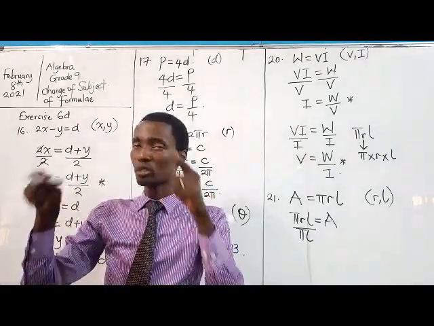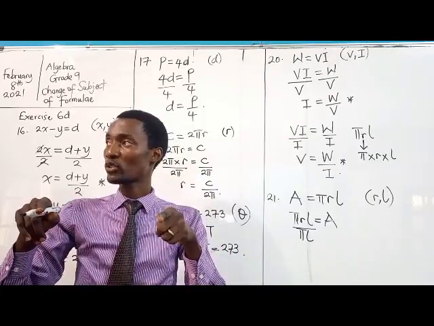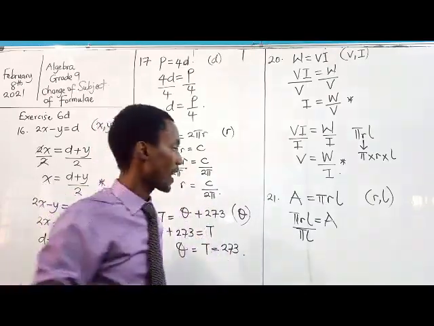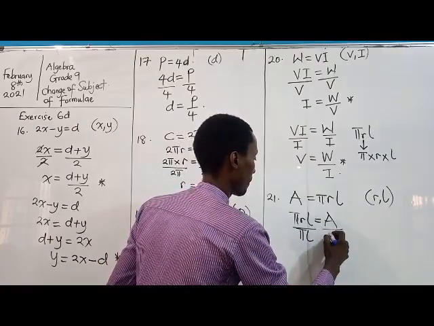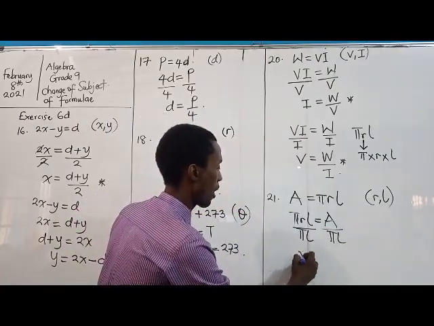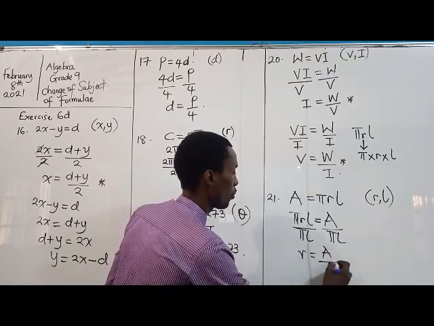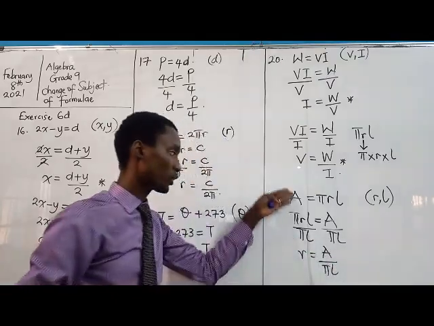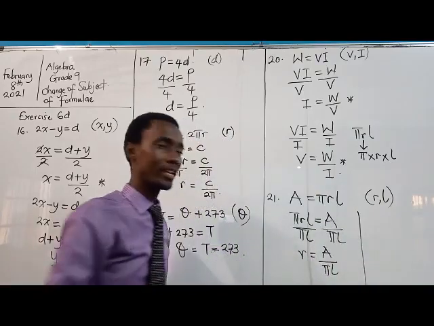That's the way you clear multiplication: by dividing. So if that is done, it means that R will be equal to A over pi L.